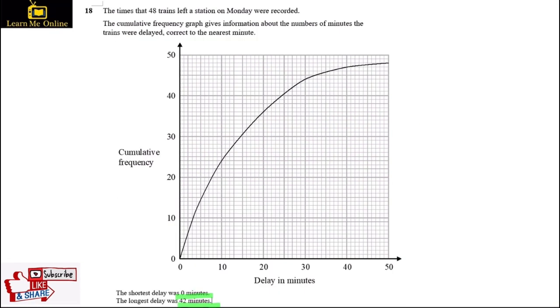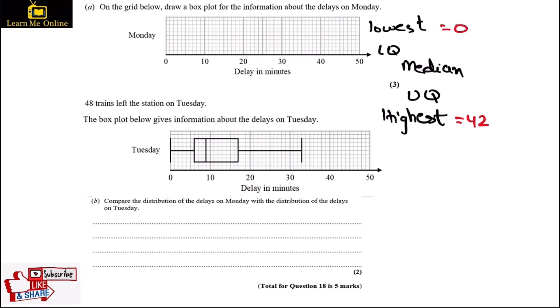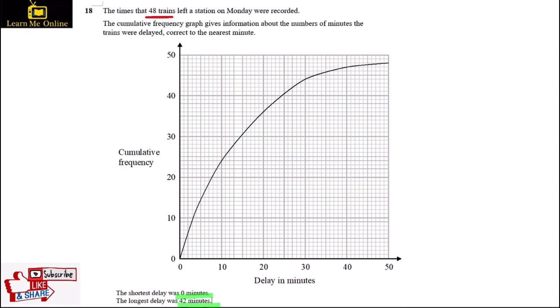Now, because they considered 48 trains, to find the median, the middle value, we do 48 divided by 2, which would be the 24th value we're going to look for. Now we're going to look in the cumulative frequency graph to see what value we get for the 24th value.